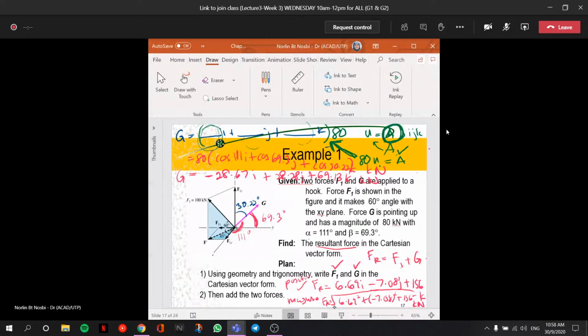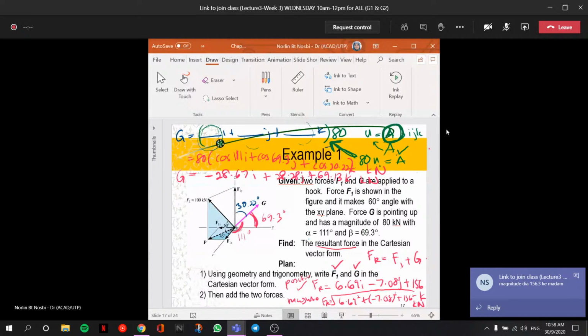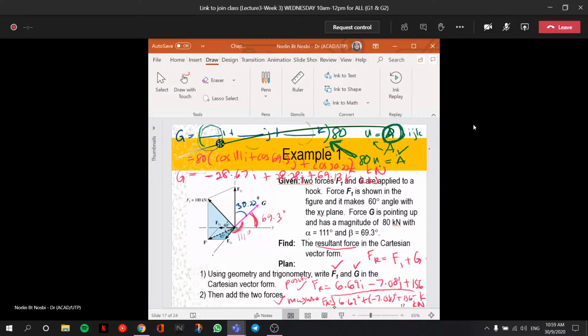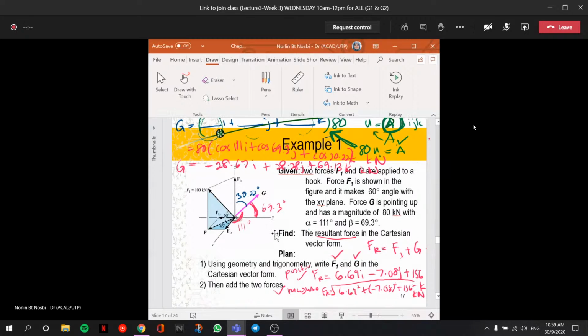Okay, now you know the position, you know the magnitude. But how about the angle? How do you want to find it? You need to refer back to the formula, because you know the position and the magnitude, but where is the angle for the resultant force?